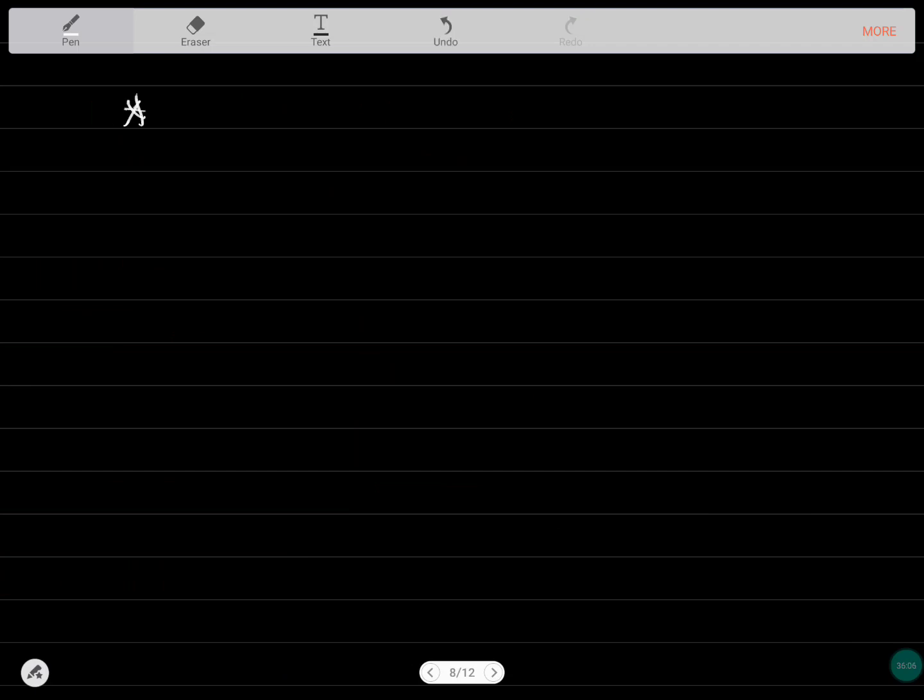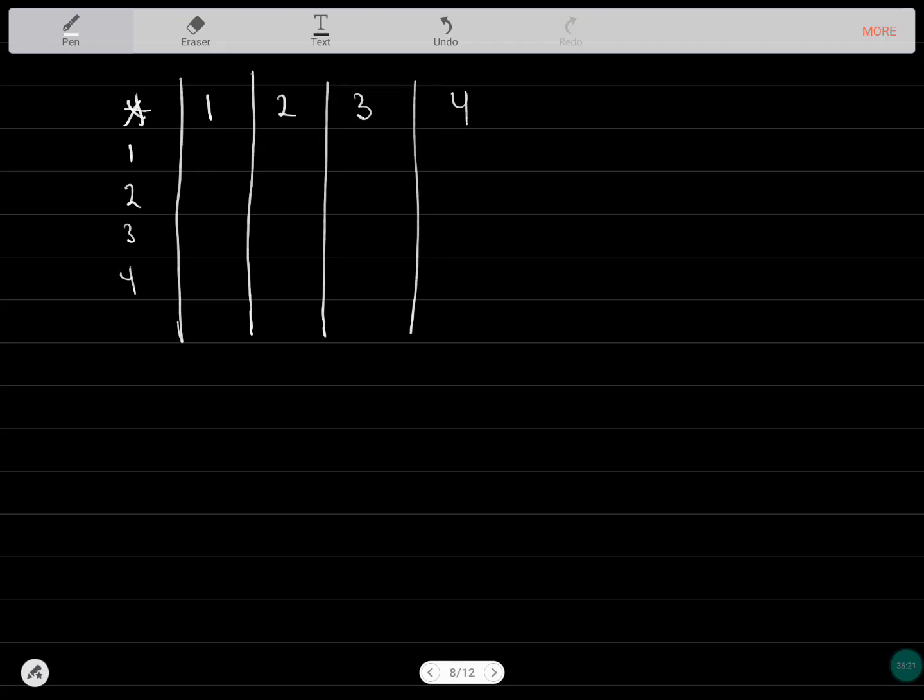We have star, then we have 1, 2, 3, 4, and 1, 2, 3, 4. So from the first row here, what do we have?